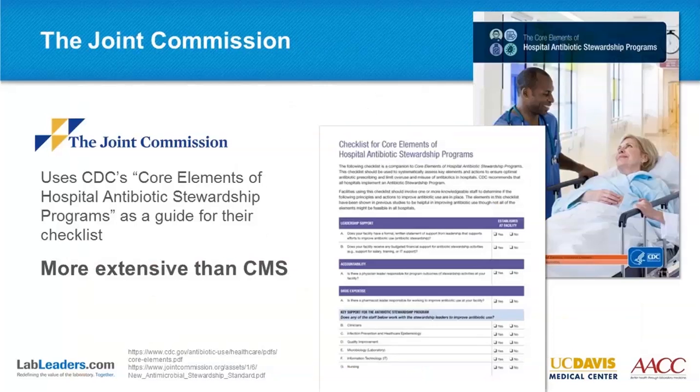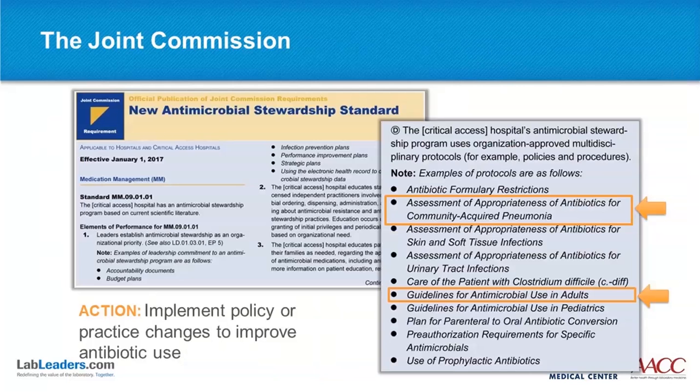Fortunately, the Joint Commission has done a little bit better interpretation and pushing us to a higher level of performance. In this case, they use the CDC's core elements of hospital antibiotic stewardship programs as a guide for their checklist, and it's far more extensive, but fortunately also more detailed than the CMS checklist that you saw previously. In fact, here are some examples. It includes assessment of appropriate antibiotics for community-acquired pneumonia.